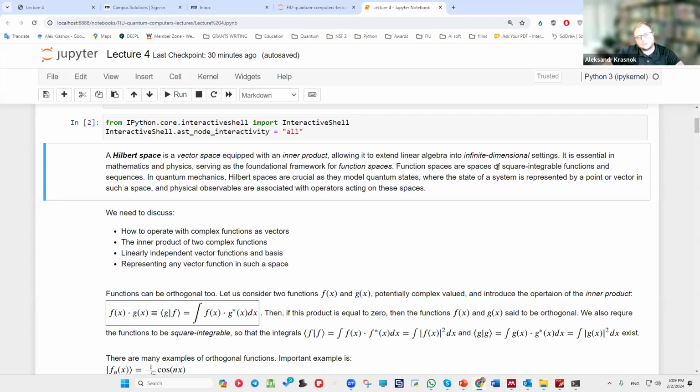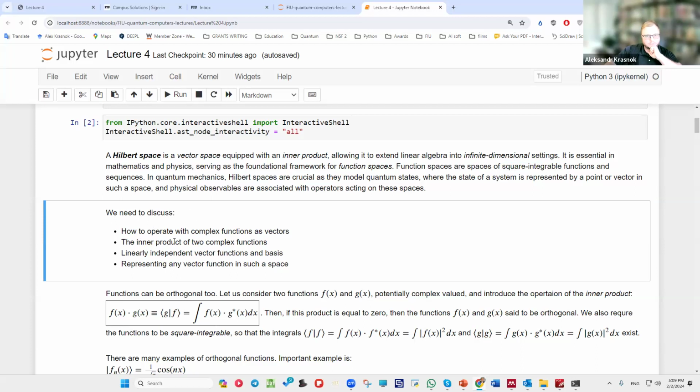We also impose some properties on this space, like square integrability. The functions must be square integrable. But let me tell you what I mean by all this.